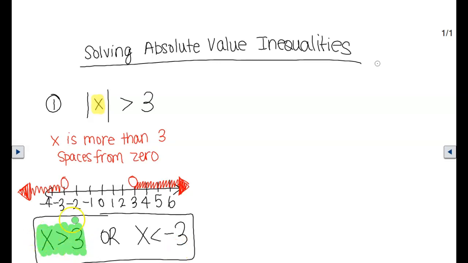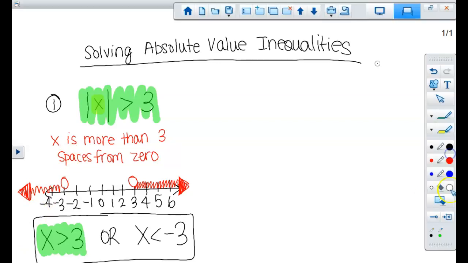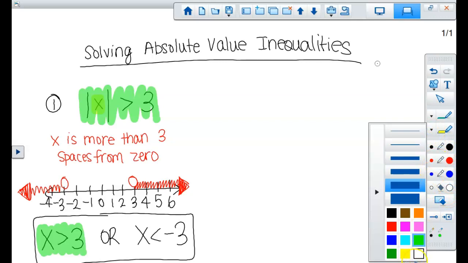I want you to notice that the positive case looks just like the problem that we were given, with one tiny difference. And what is that tiny difference? The difference is that the absolute value bars have been removed. So this positive case should look just like the original problem, with the exception that we have removed the absolute value bars.